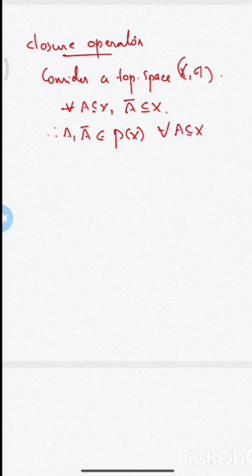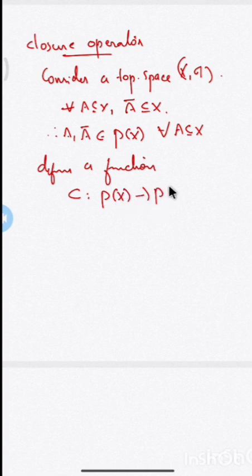Now I am going to define a function from the power set of X into the power set of X. Define a function C from P of X to P of X. Actually, what is P of X? P of X is the discrete topology of X. So we can consider the closure operator as based on the discrete topology.